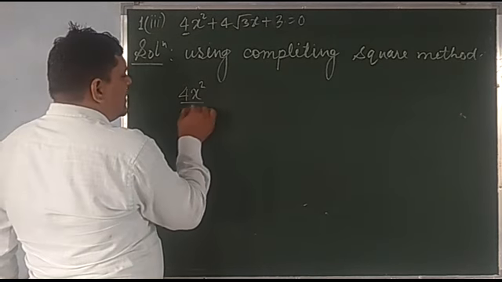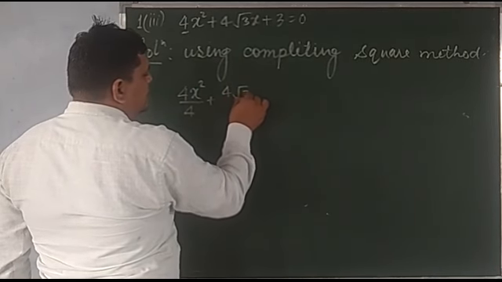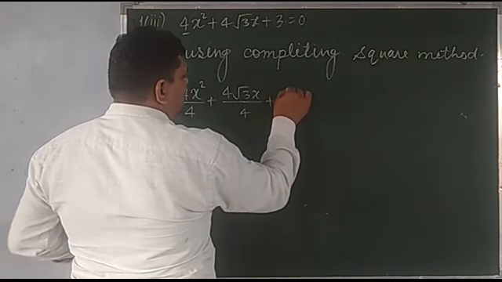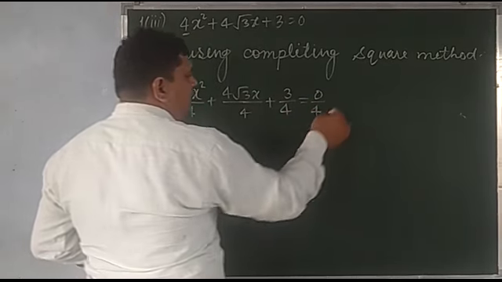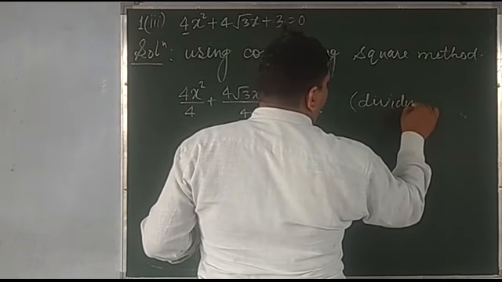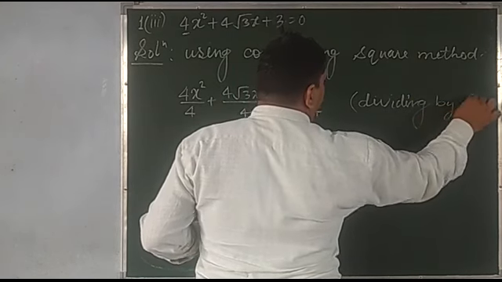4x square upon 4 plus 4 under root 3 x upon 4 plus 3 upon 4 is equal to 0 upon 4. You can write it by dividing both sides by 4.